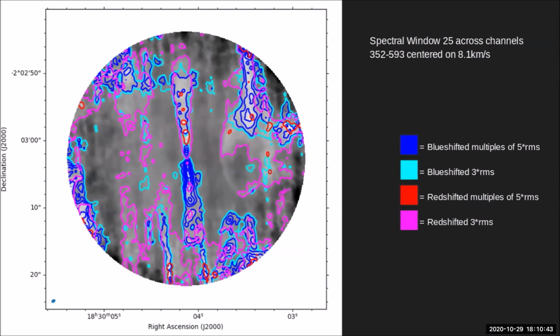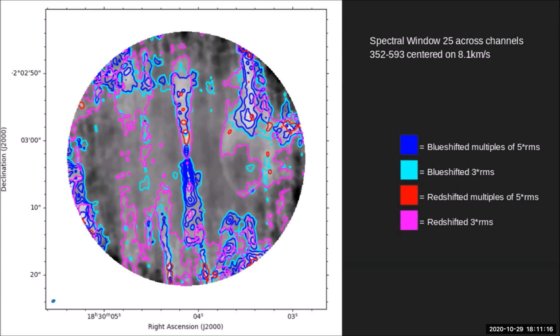For this one, it's 352 to 593, centered on 8.1 kilometers per second. The centered on 8.1 kilometers per second means the central source here is moving that fast. And the high and low velocity matter is referencing velocities high as in far away from this central velocity and low as in close to this central velocity.